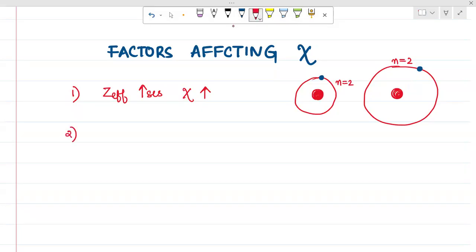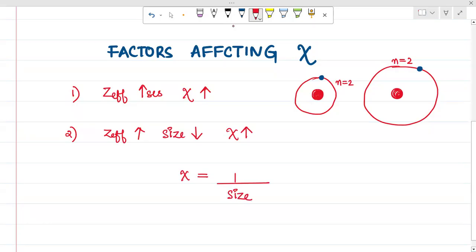So as Z effective increases, electronegativity also increases. Next one, size. We know that as Z effective increases, your size decreases, and if size decreases, electronegativity increases. So I can say that electronegativity is inversely proportional to size. That can also be explained by this diagram over here.